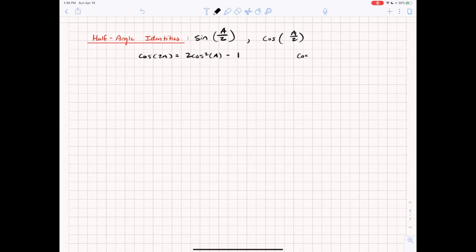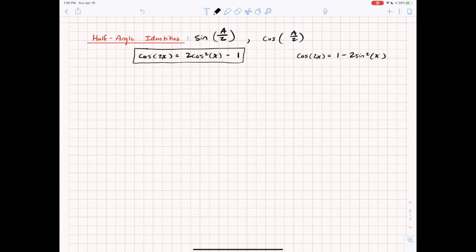And then we had cosine of 2A is equal to 1 minus 2 sine squared of A. Now, because I don't want the A's to be duplicated, I'm going to look at this problem and use an x instead for both of these. Remember, A just represents whatever you want to plug in. So I'm going to use an x here. And let's start with this one here.